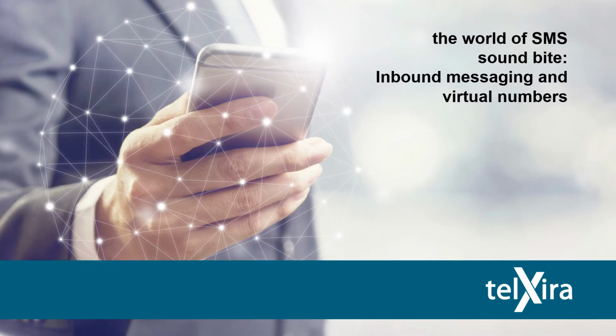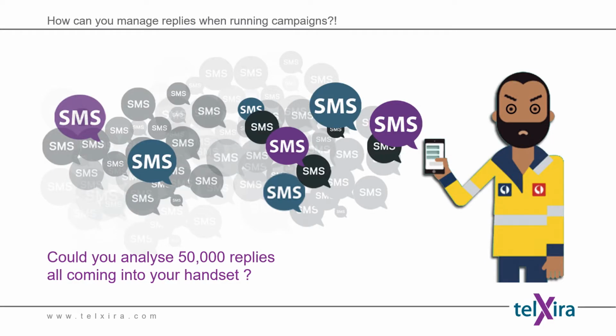Today we will introduce you to inbound messaging and virtual numbers. How does two-way messaging actually work and how do you define MO? Two-way messaging uses virtual numbers to allow enterprises or users of bulk SMS services to aggregate reply messages or answers either into a web interface or directly into their own software for analysis.